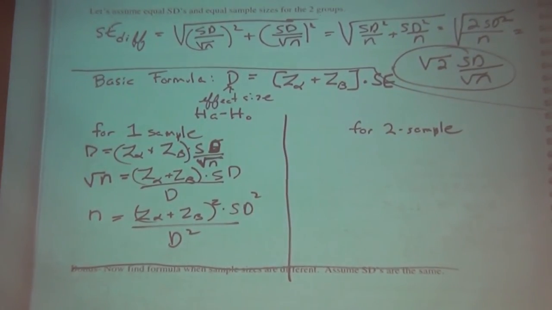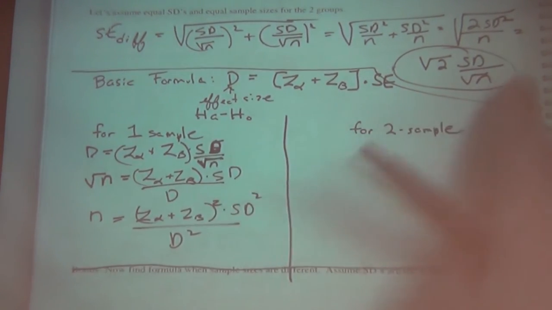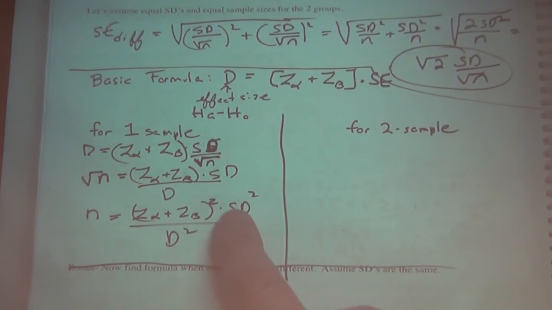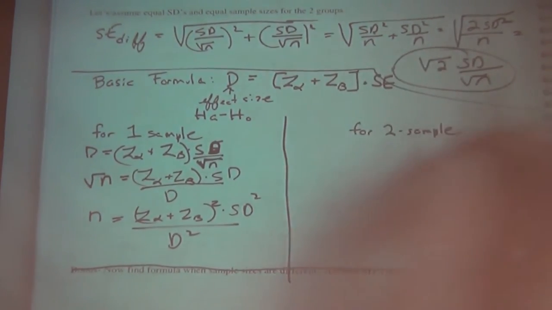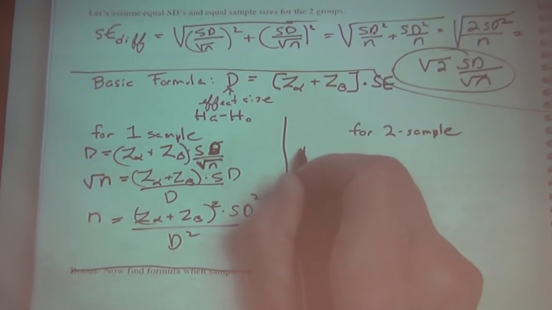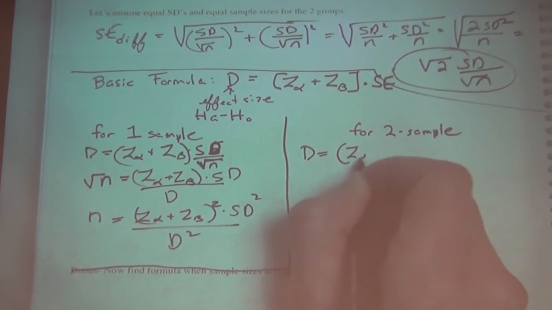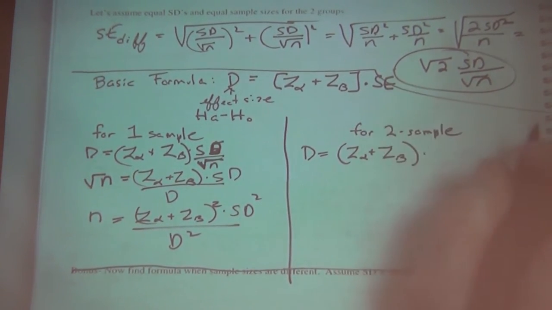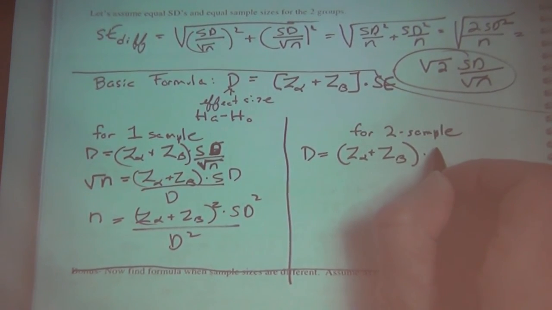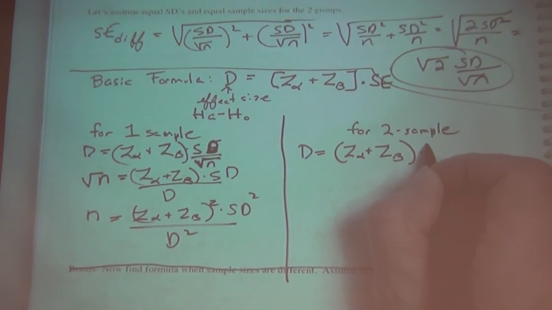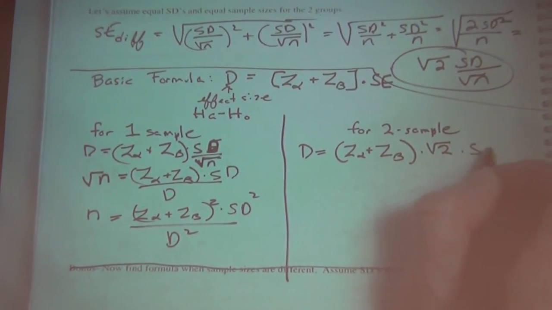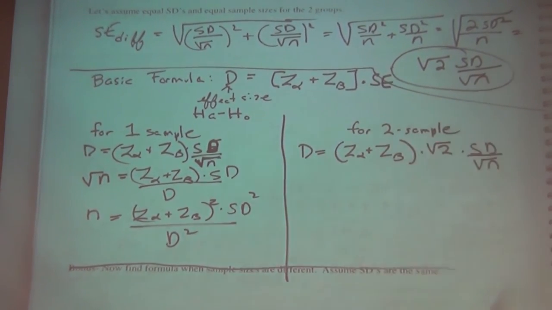So instead of this, I'm just going to put that on. And you'll see what you're going to end up with is just a 2 here. We can just go through it. So now we have z equals z alpha plus z beta times, this is assuming that the sample sizes are the same, times square root of 2 times SD over square root of n, right?